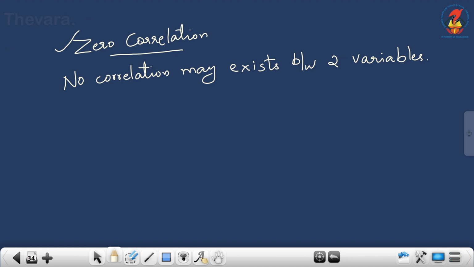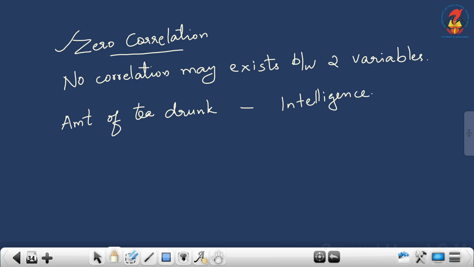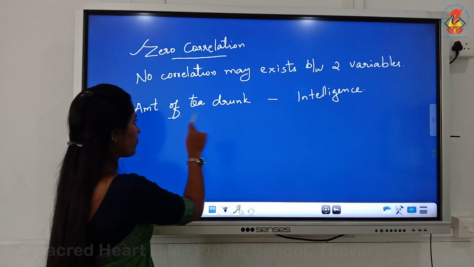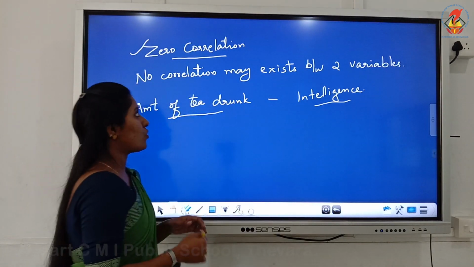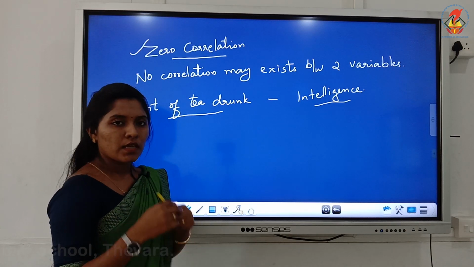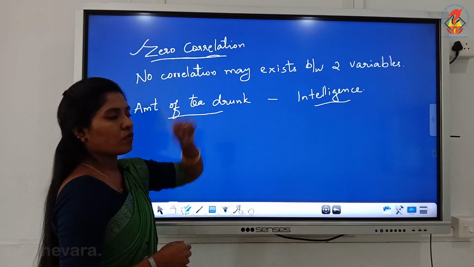For example, the amount of tea drunk and intelligence. This happens hardly. See here, is there any relation between these two variables, the amount of tea drunk and intelligence? No. So if no correlation exists between two variables, it is called zero correlation.